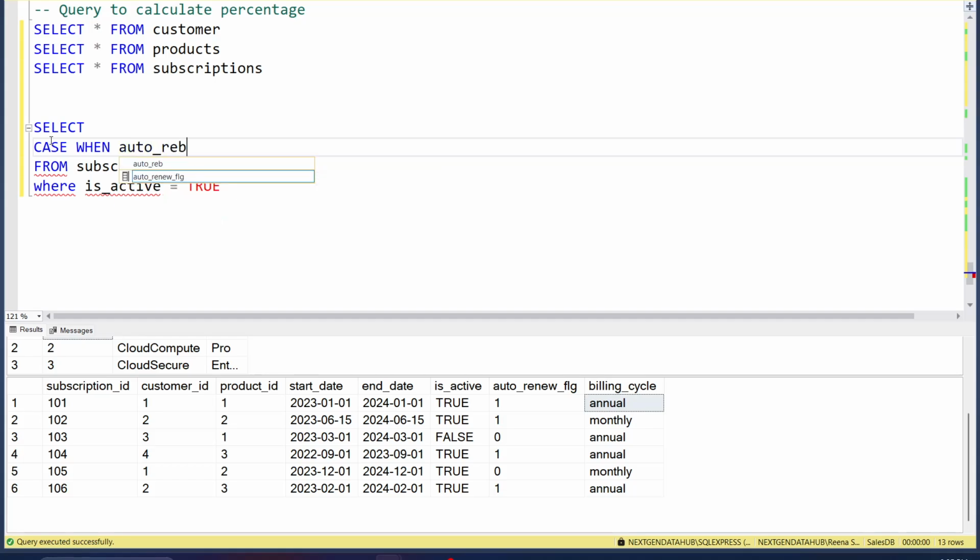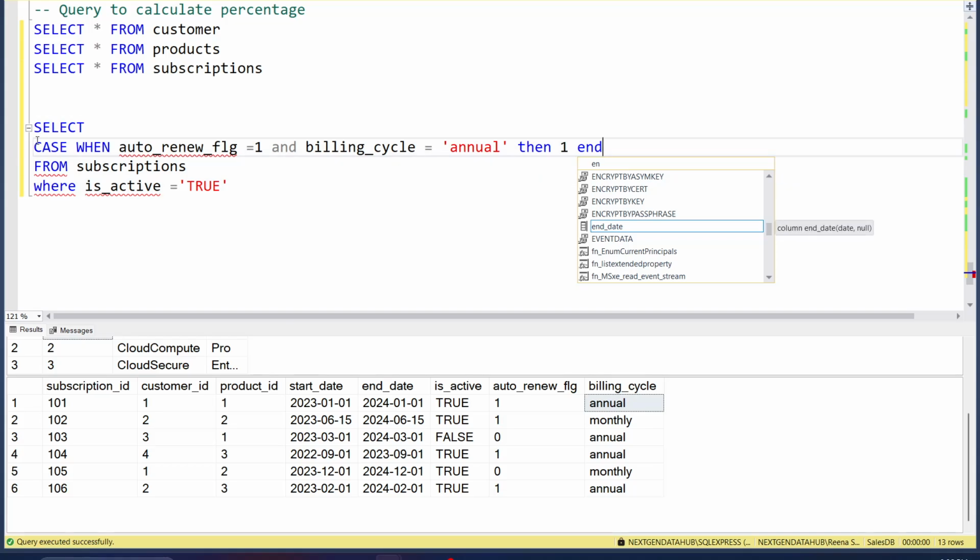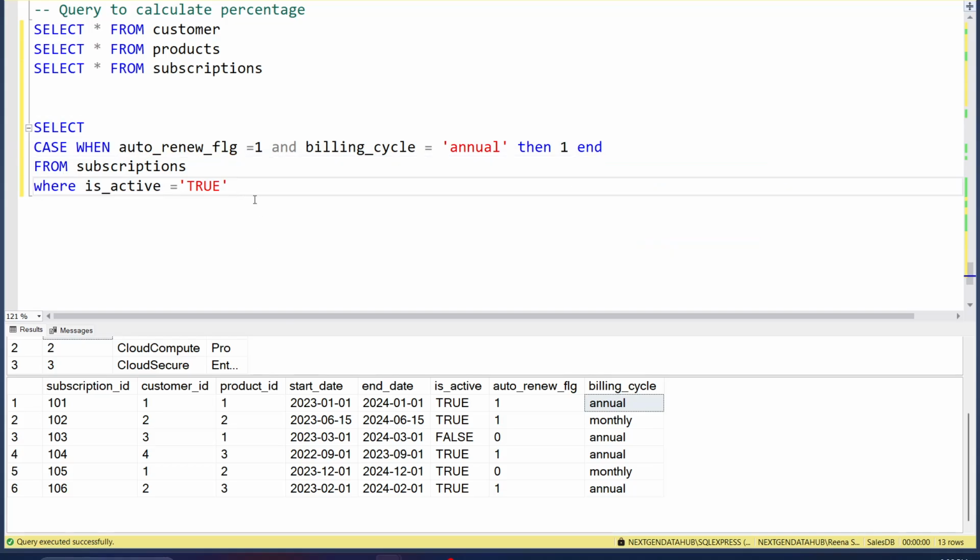So the auto renew flag is equal to 1 and billing cycle is equal to annual, then 1. So we're going to count them. Okay, let's look at what this query gives us.